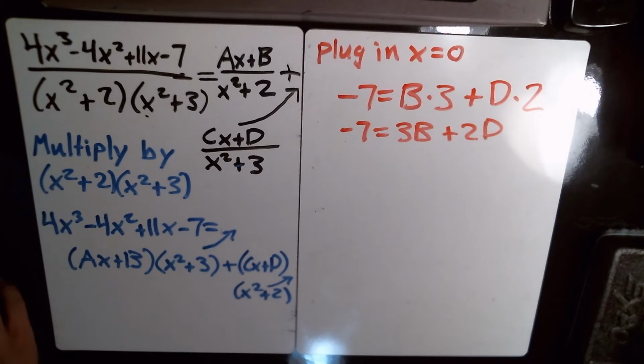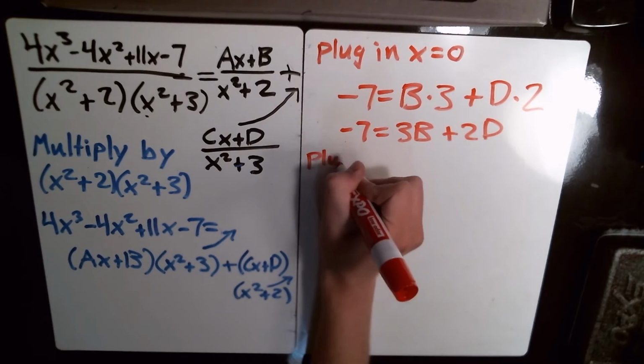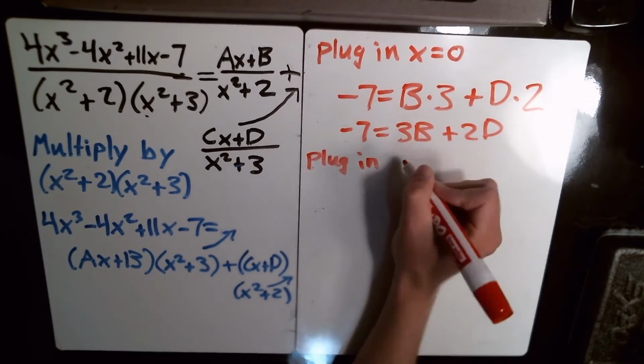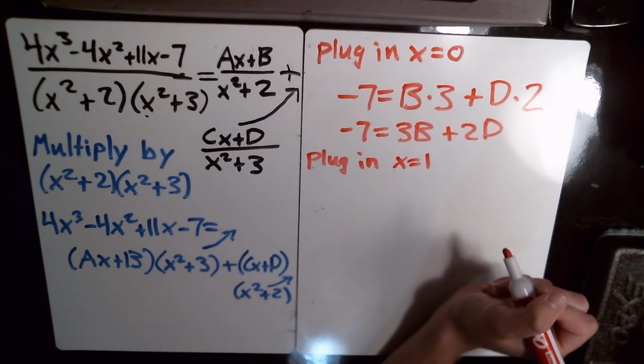We're just going to have to start plugging in numbers. Let's see here. What can we do? I guess we'll just do 1. We are going to need 4 equations to be able to do this.